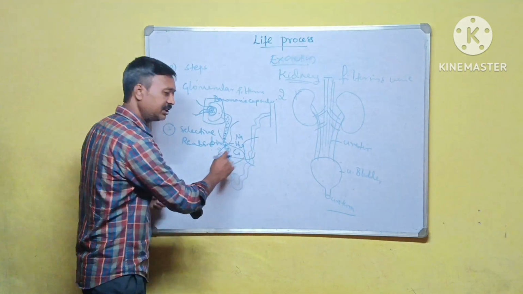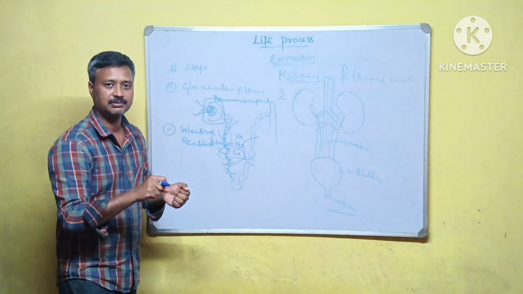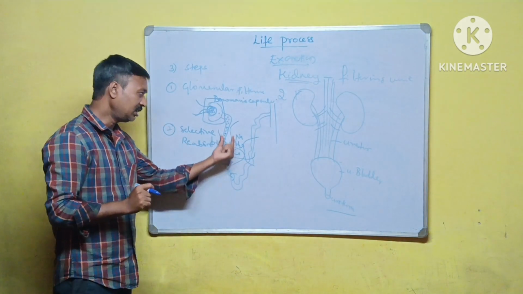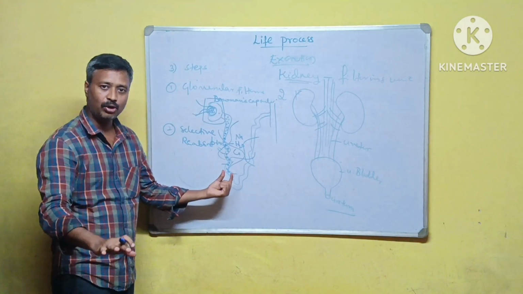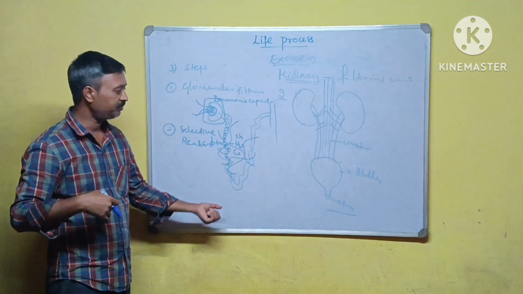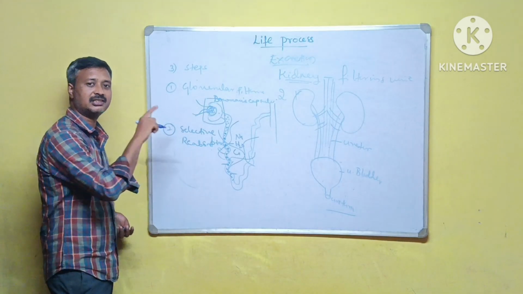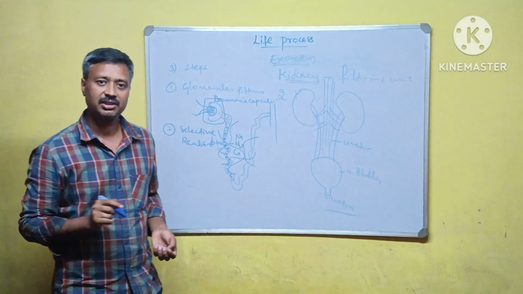Calcium is less, so it starts reabsorbing calcium. Whatever is required in the filtrate, the body reabsorbs through the blood capillaries in the second stage. That is selective reabsorption. Is it clear?